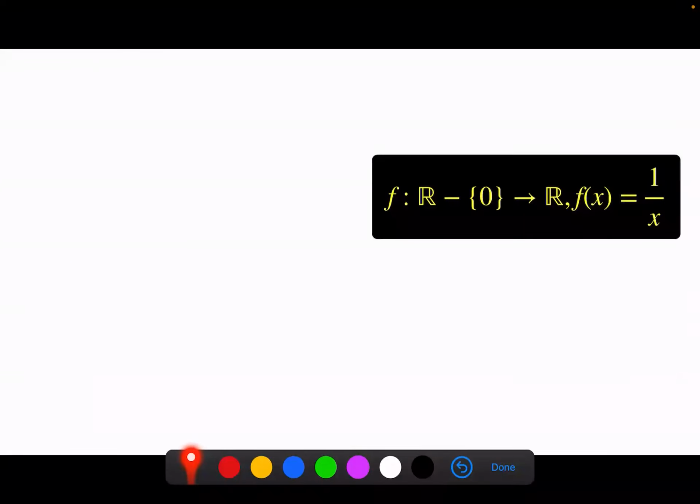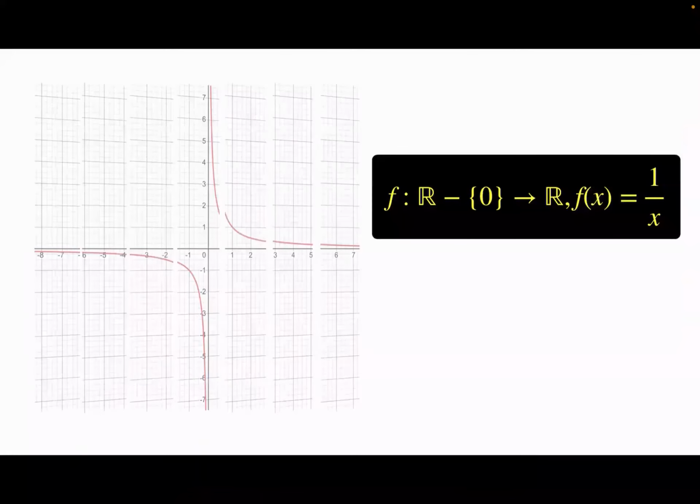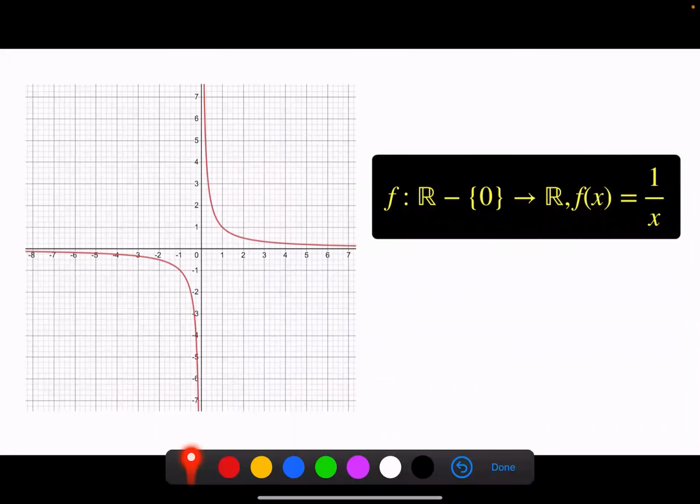Okay, so some more functions. If you have f of x is equal to 1 over x, the graph looks something like this. Suppose your x value is very, very small. If you take x as 0.5, what will happen to 1 over x?